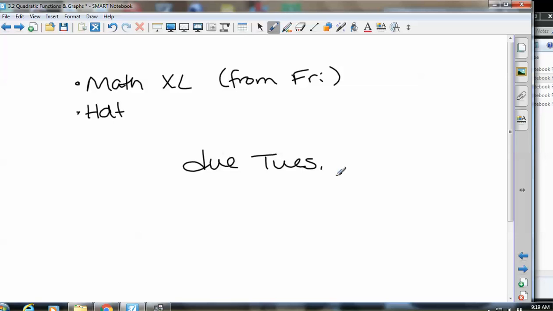Tomorrow, we are also going to have a quiz. So the things that we've done in this chapter, we talked about the complex numbers in the first section. So remember breaking down those radicals, if they have an i in them, adding, subtracting, multiplying, dividing complex numbers, and then the quadratic stuff.